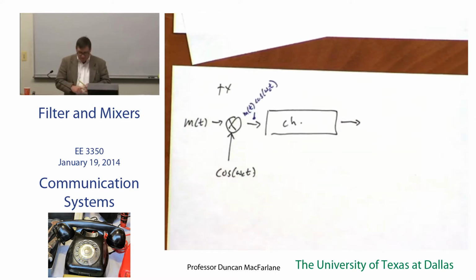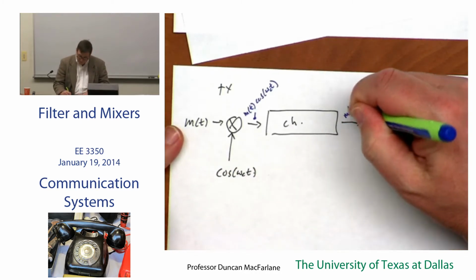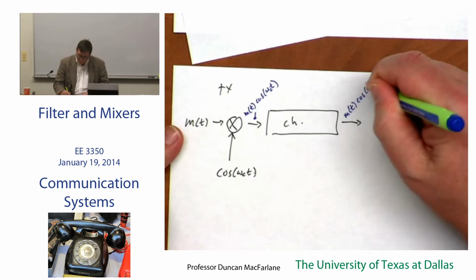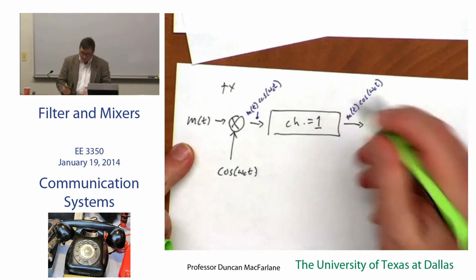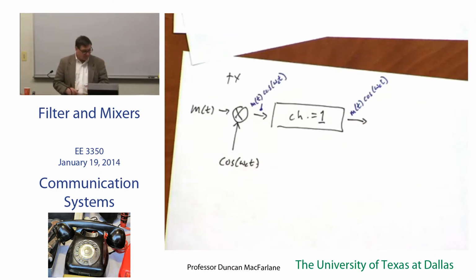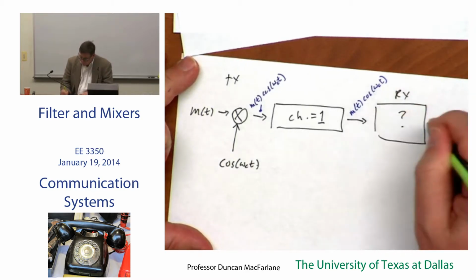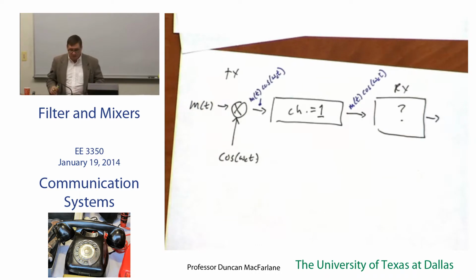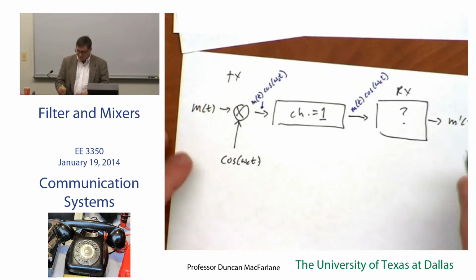On the output, I get m of t cosine omega ct. And again, that's for a unity transfer function. And so now I need to decide my receiver to get my output m prime of t, which I hope is close to m of t.